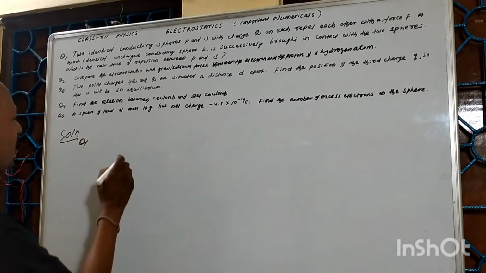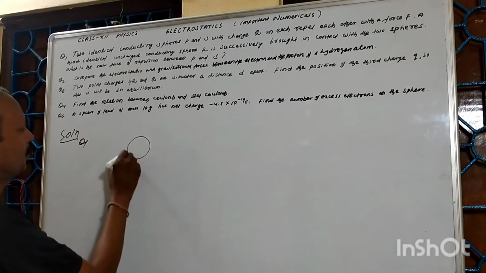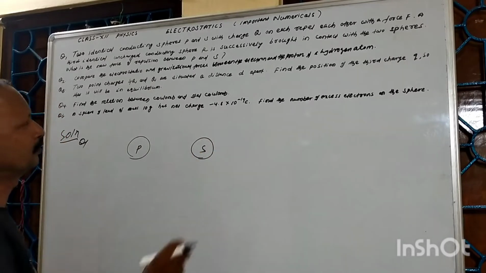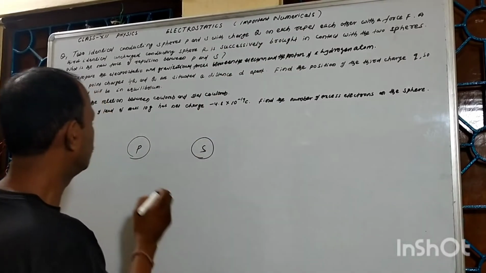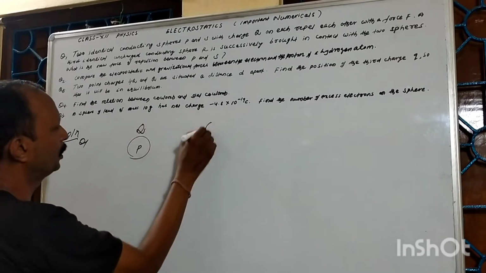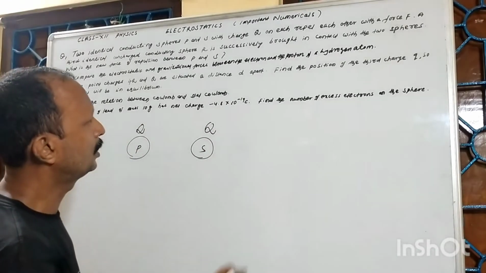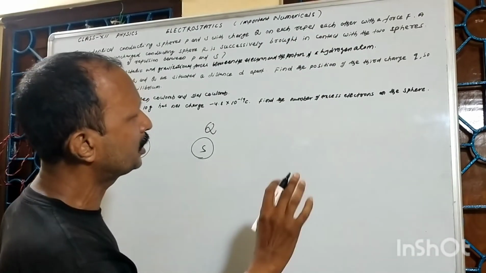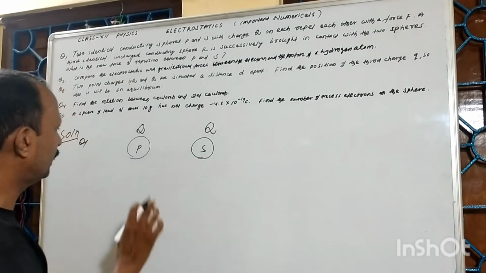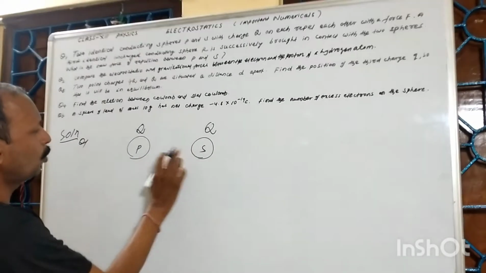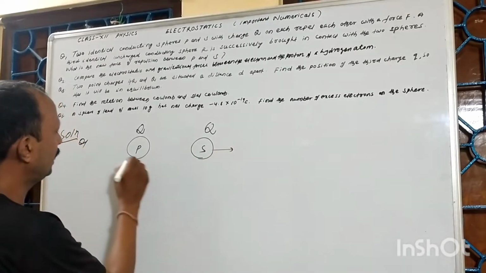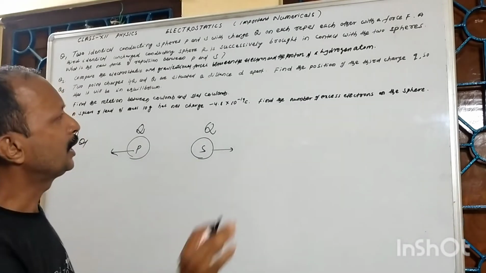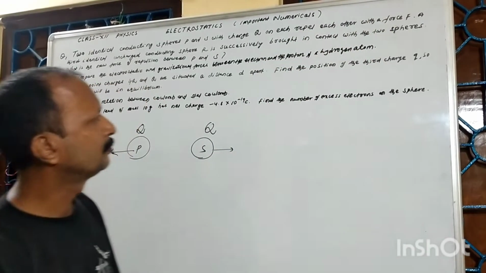Suppose P is a sphere and S is a sphere, each with charge Q, here is charge Q, here is also charge Q. Since these are like charges, definitely they will repel each other. The repulsion force is F.